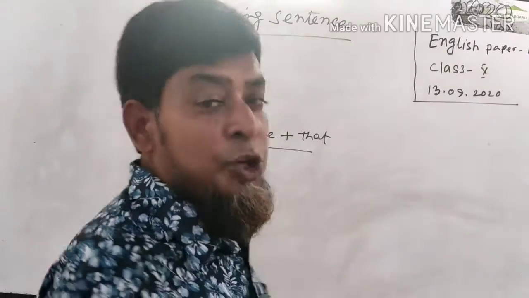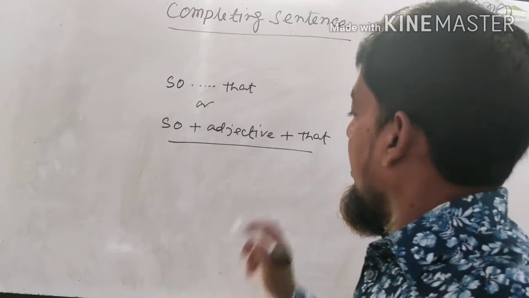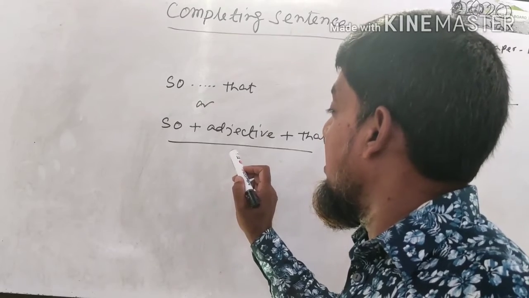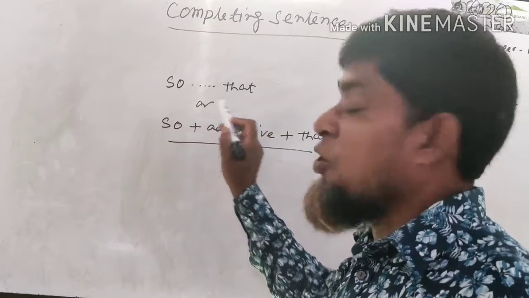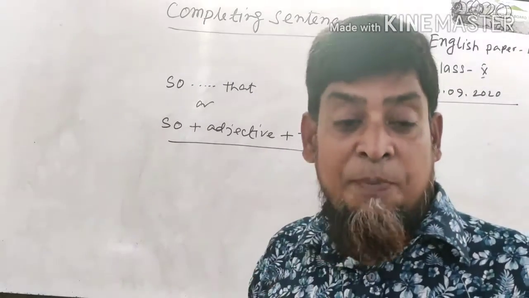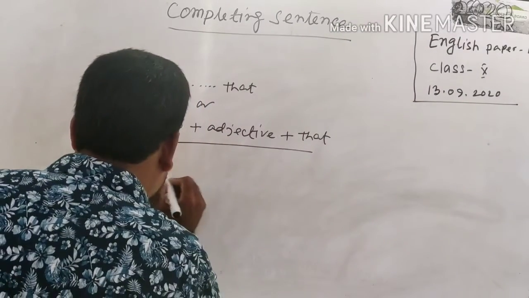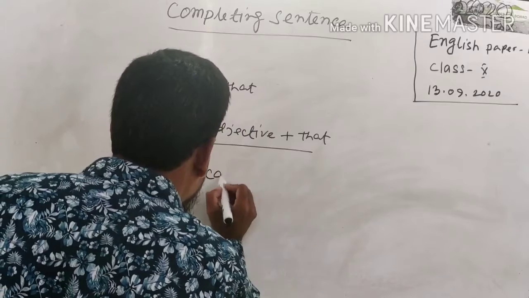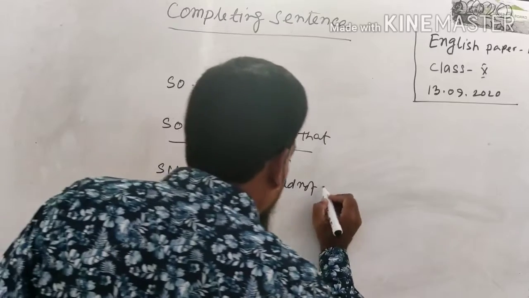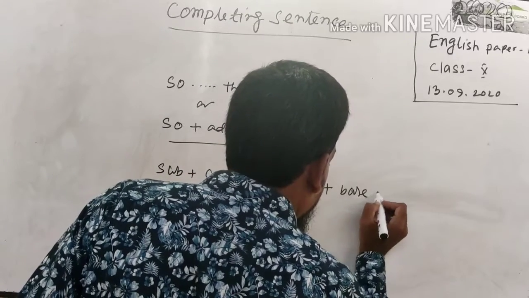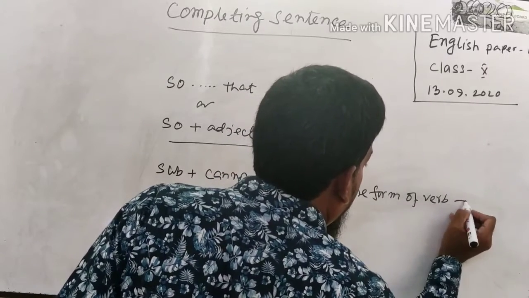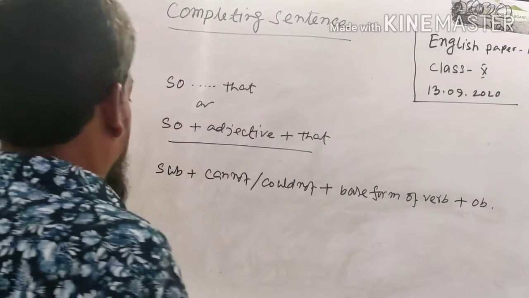My students, we should know that if the first clause of a sentence is given with so that, the structure of the next clause will be subject plus cannot or would not plus base form of verb plus object. Structure.